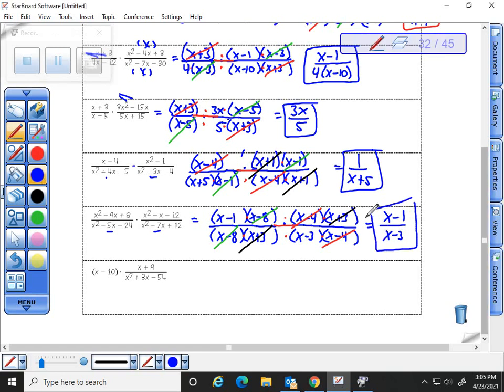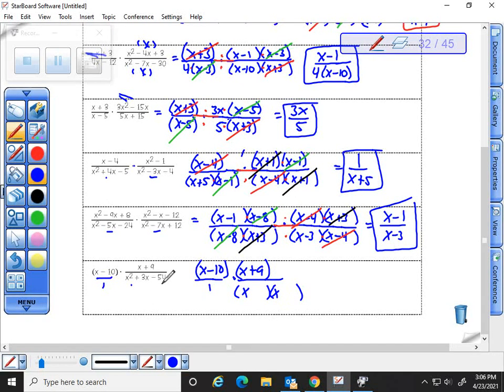All right, last one on this page. We consider this as a fraction. Every number and expression can be written as a fraction over 1 if it isn't written as a fraction for sure. So we'll have x minus 10 on top over 1 times x plus 9 on top. I'm going to put that in parentheses. And on the bottom, double parentheses, it'll be an x in the front part.